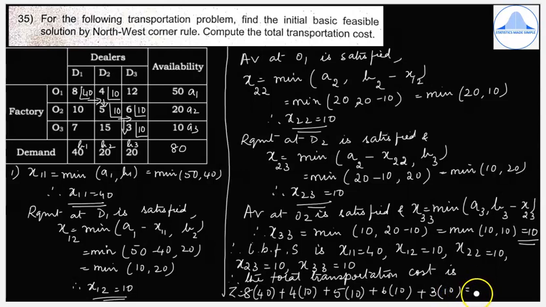So if you simplify this, the final answer will be rupees 500. So again I repeat, it's not necessary to show all these steps in detail. At least 1 or 2 steps should be shown and the remaining can be done in the table by cancelling out the availabilities or demand.